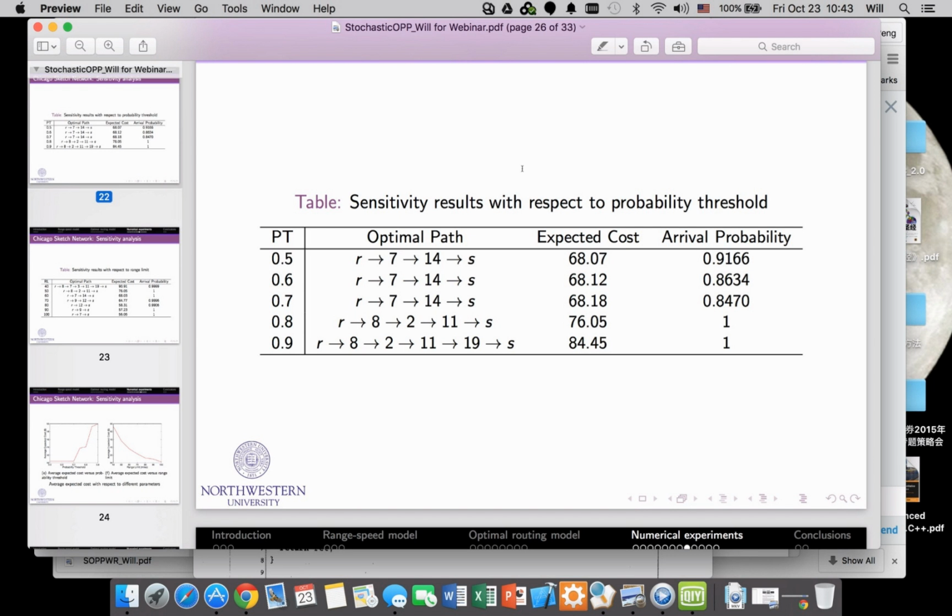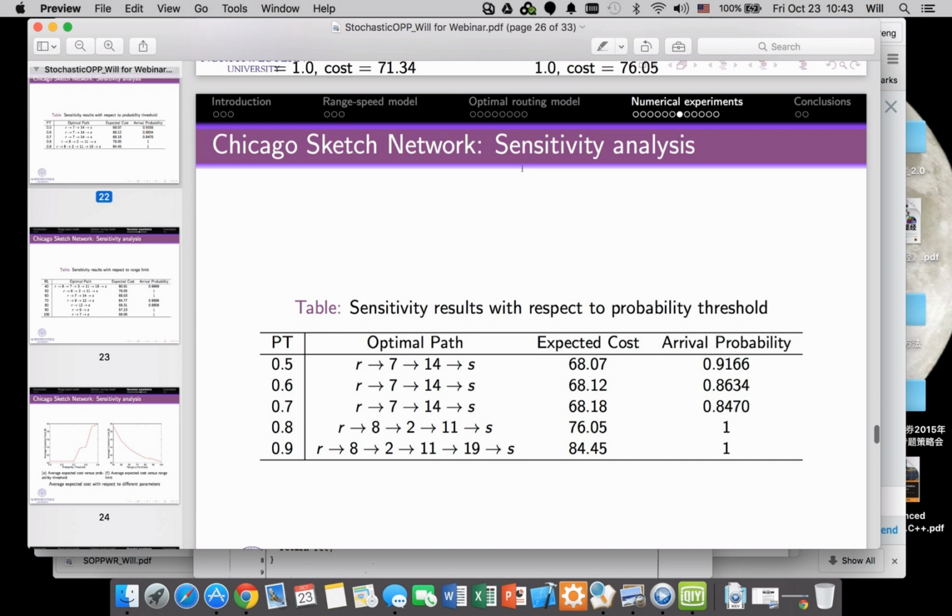Can you do it in real-time optimization? I think if there is new information such as traffic condition changes, we have to recompute the algorithm to get the new path, and this can be done easily because the computation time is very low. Yeah, it has potential to do real-time routing.